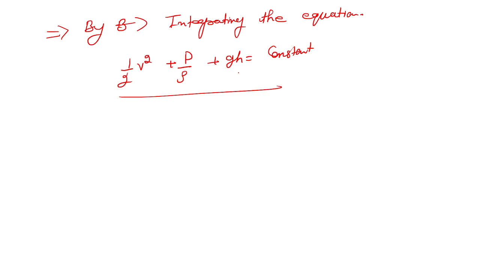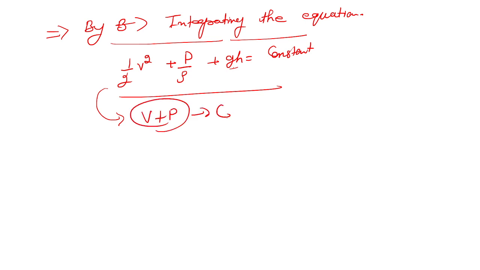Now on the basis of this equation, what does this say? If your height is constant, we are assuming that, then velocity and pressure terms together will be constant. It means that if in a particular region your velocity is increasing, pressure will decrease. For example, there are two regions connected with each other.